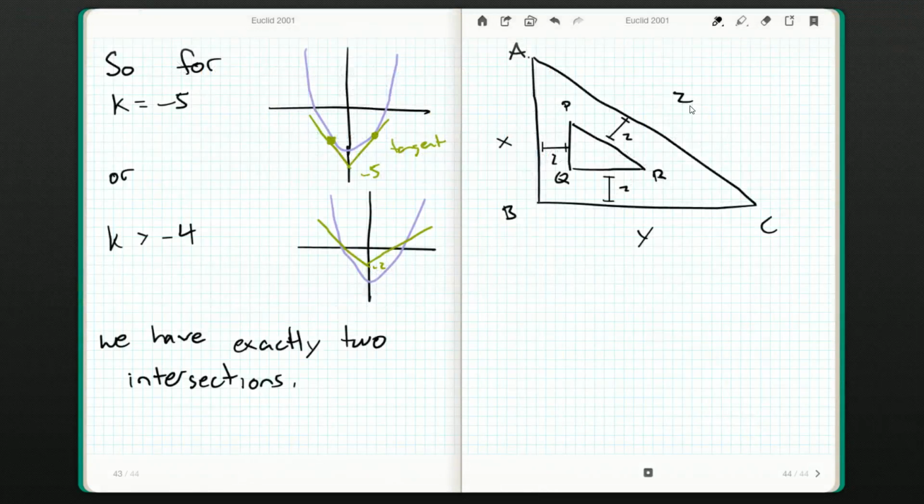So we're told that the area of triangle ABC is 9 times that of triangle PQR. I don't exactly see how that's going to help. But I know that PQ, for example, is parallel to AB. And QR is parallel to BC.